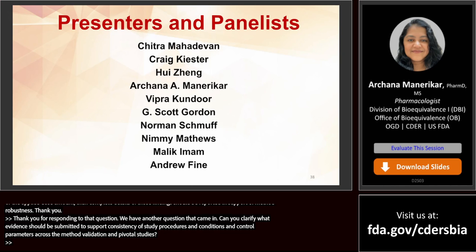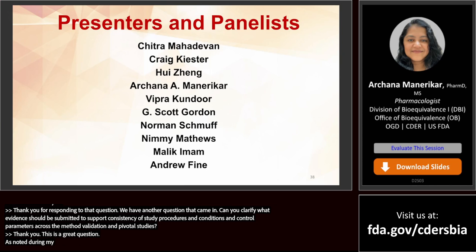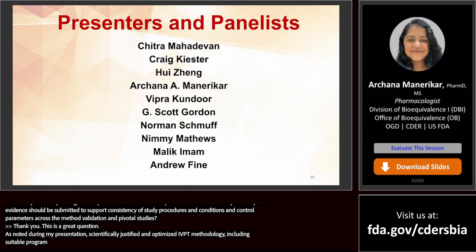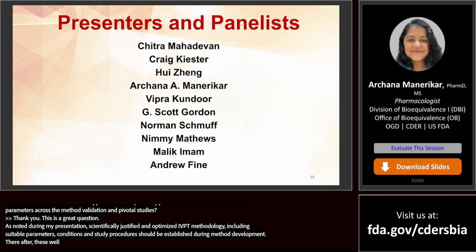Thank you. This is a great question. As noted during my presentation, scientifically justified and optimized IVPT methodology, including suitable method parameters, study conditions, and study procedures that ensure precise control of method parameters, should be established during method development. Thereafter, these well-controlled study procedures should be meticulously documented in SOPs for use in the subsequent validation and pivotal studies.